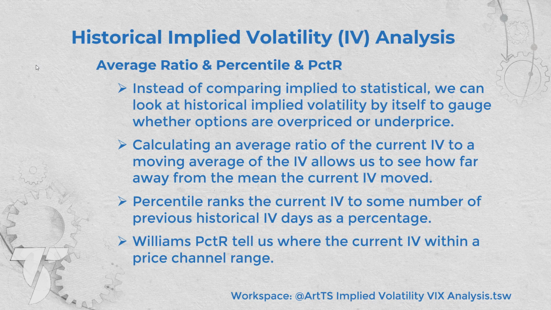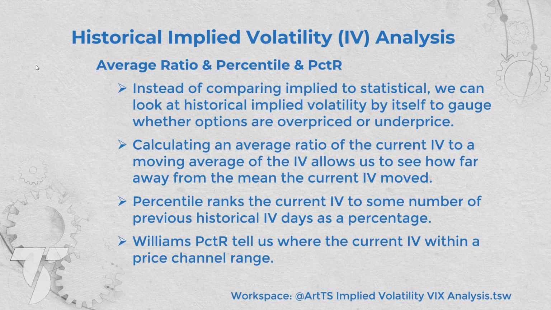You're probably wondering why I'm using 3 different indicators to calculate pretty much the same thing. And the reason is that options traders typically look at percentile. And percentile is the one that I like the least of all 3 of these. I really like the average ratio the best, but most options traders have heard educators and have seen books where they talk about percentile.